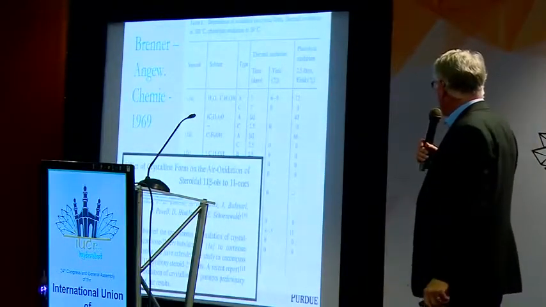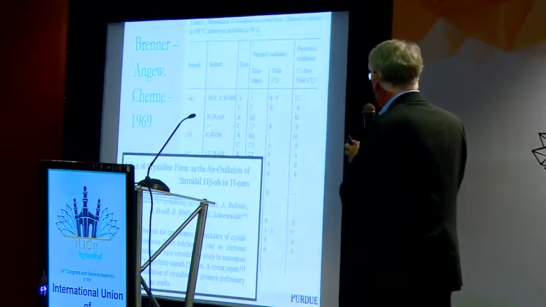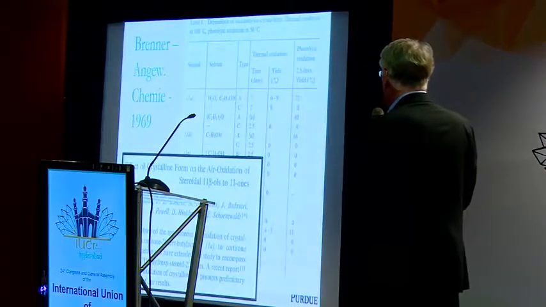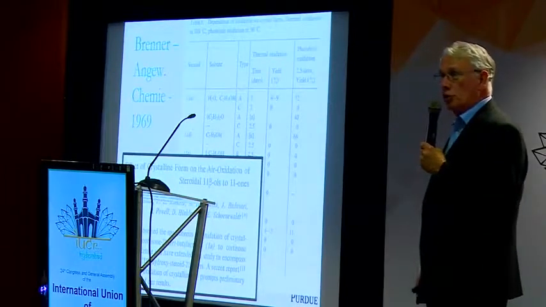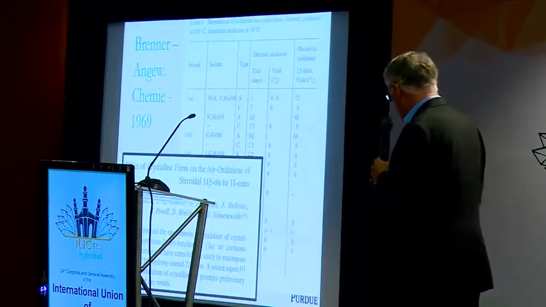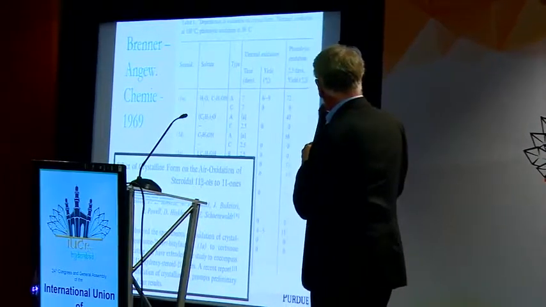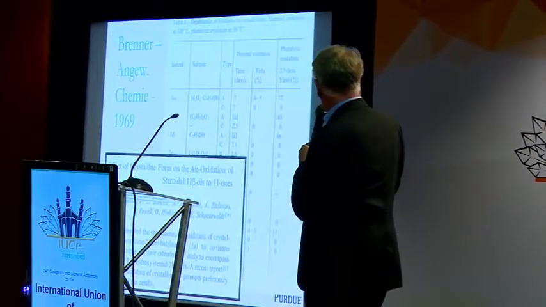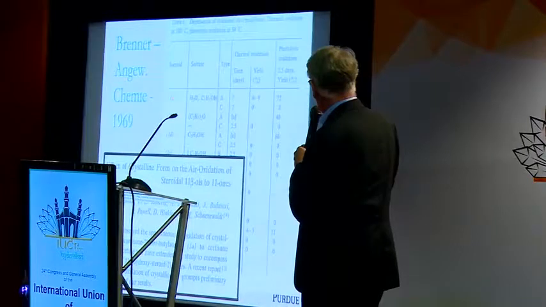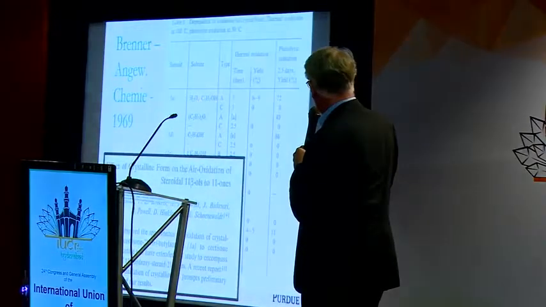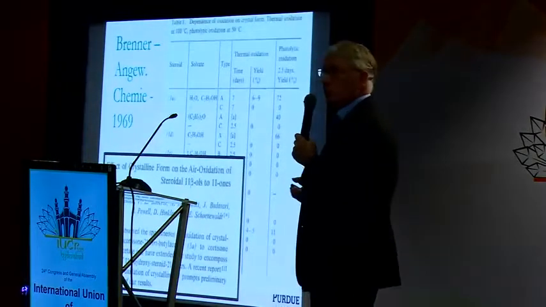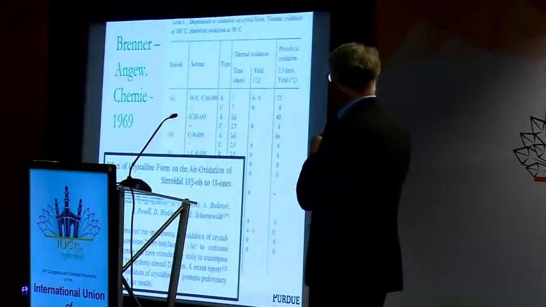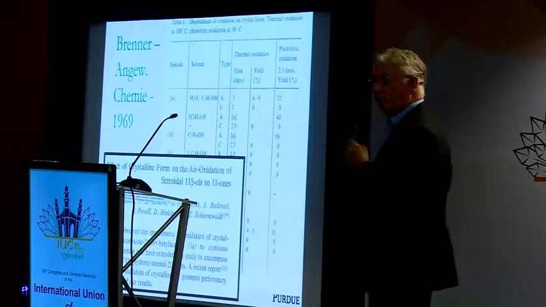Okay, so this is the 69 paper by Brenner. Brenner was at Merck, and they observed that they had a tablet on the shelf, and as it stood on the shelf, if it was in this form, this A form, which had water and ethanol in it, it oxidized to 72% in 2.5 days.